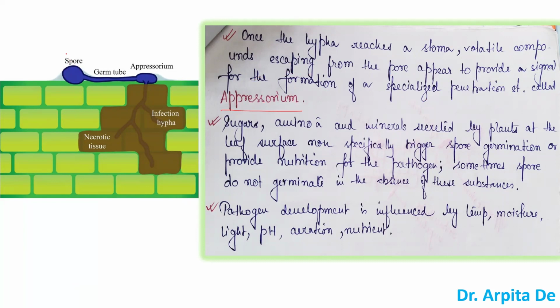See here, this is the spore. The spore starts to germinate once it feels that the environment is friendly. After germination, it forms a structure called an appressorium, a specialized penetration structure.